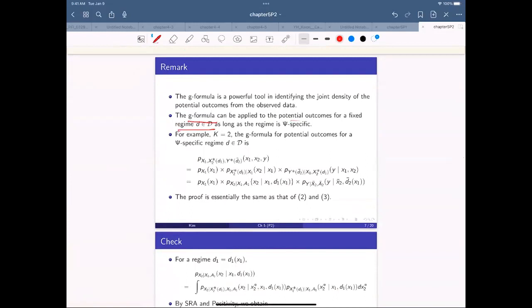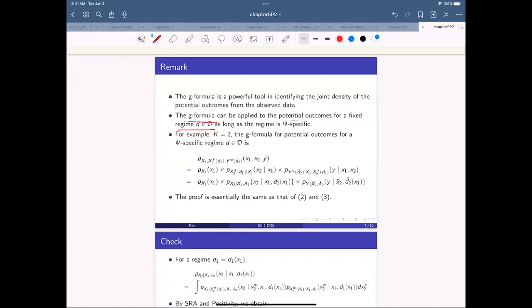It's the same story, because a fixed regime is just a function that gives a particular choice of A, so you can view this as one particular A.